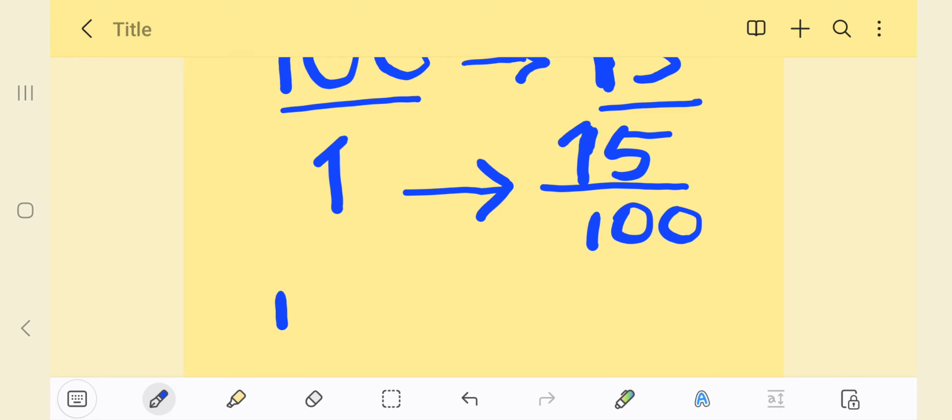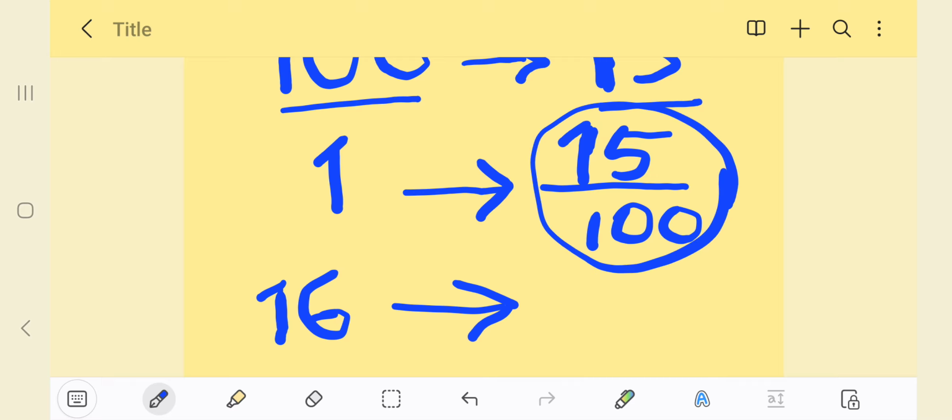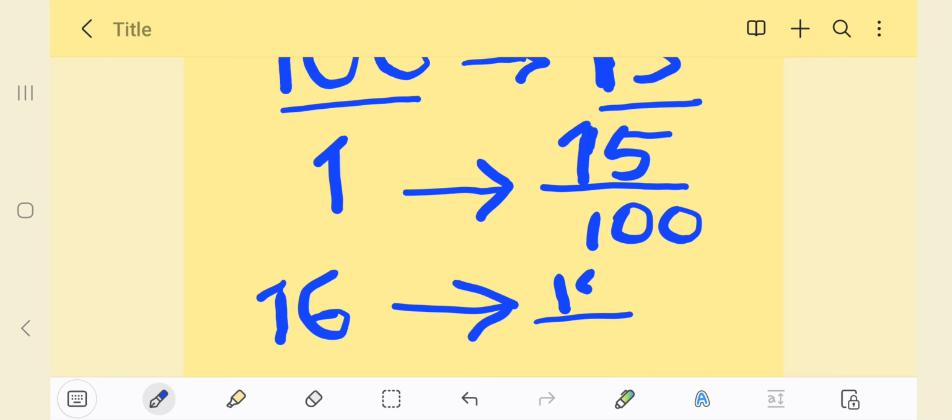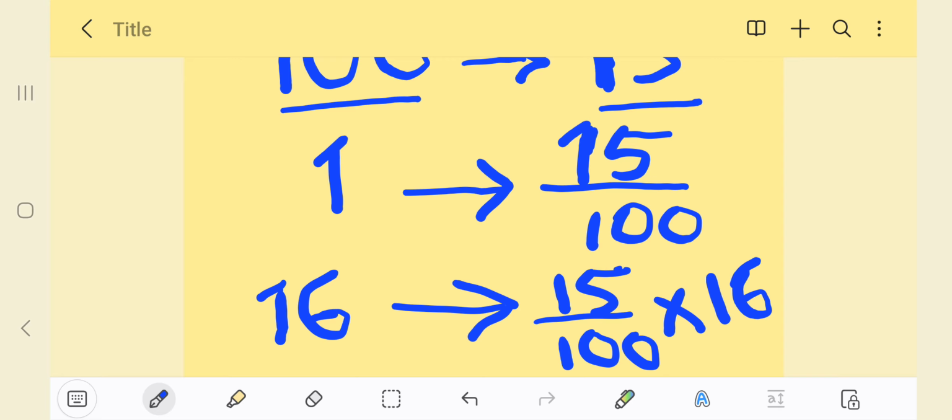And our original price here is 16 euro, which is more than 1, so we should get more discount, meaning that we need to multiply. So 15 divided by 100 times our original price of the t-shirt, 16 euro.